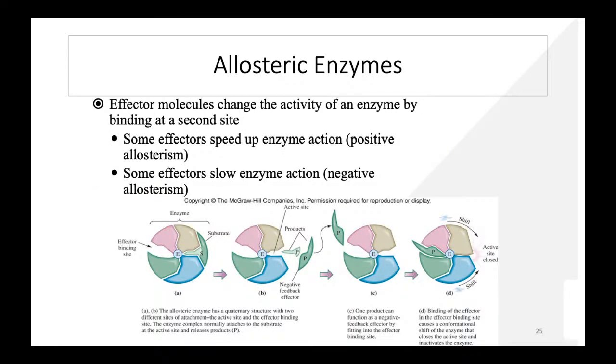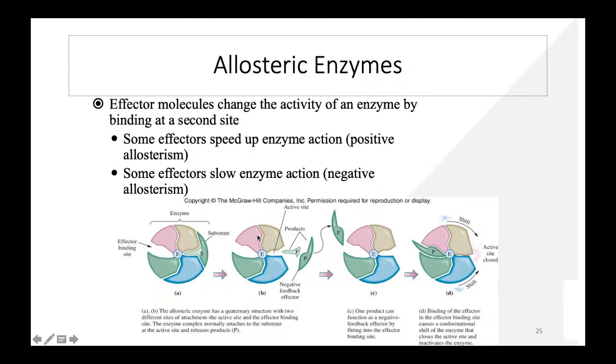Then we started the topic of allosteric enzymes. Some of them mainly act as a negative inhibitor. Positive and negative allosterism are present. In negative allosterism, the effector gets attached to the effector site and doesn't let your reaction happen by blocking your active site.